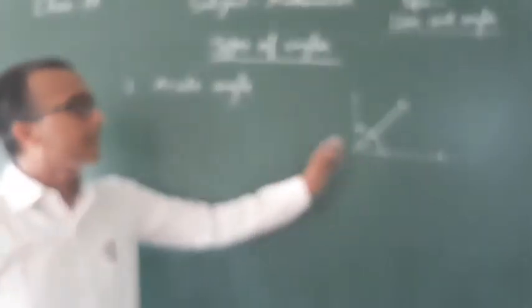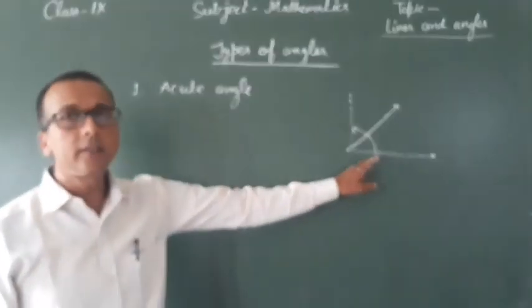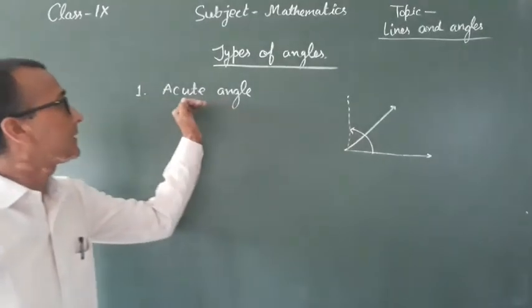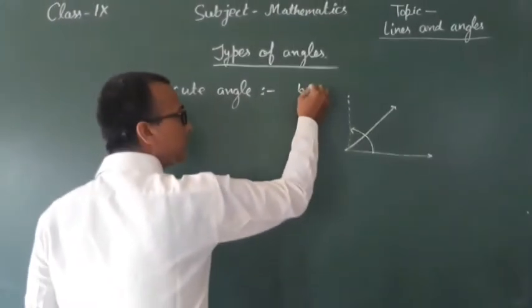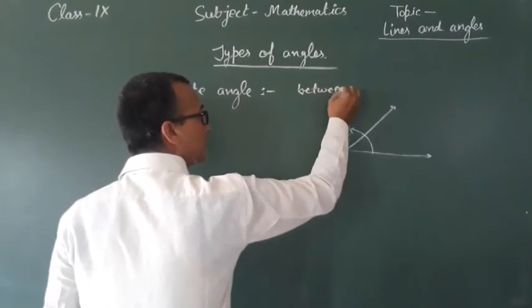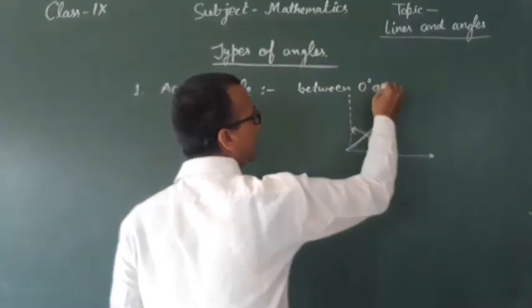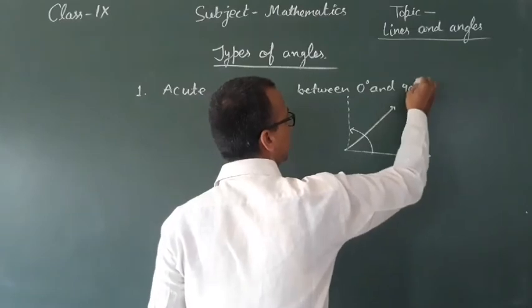If the rotation of a ray is between 0 and 90, then it is called acute angle. Between 0 degrees and 90 degrees.